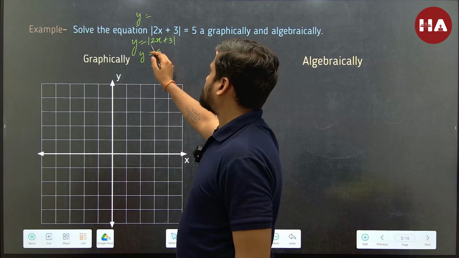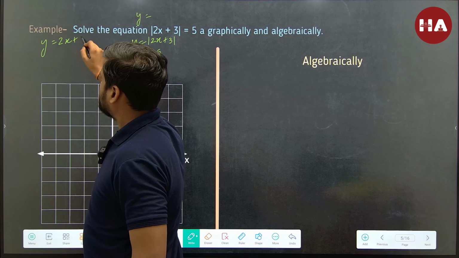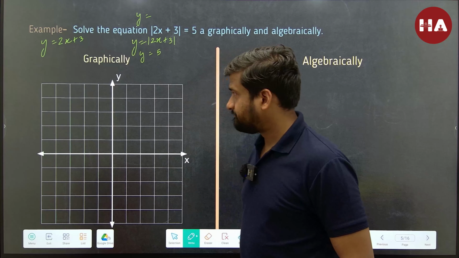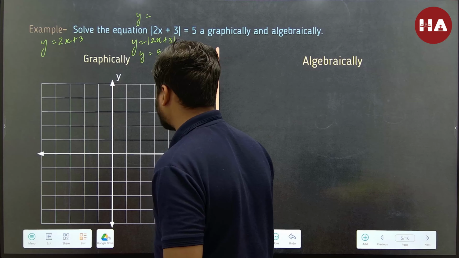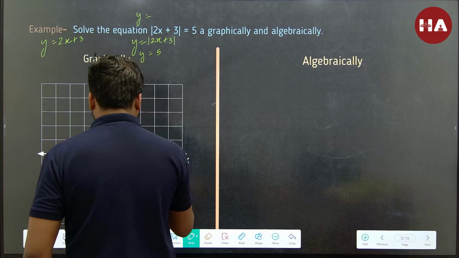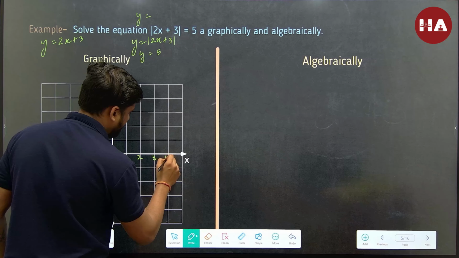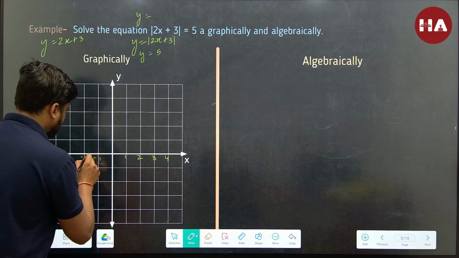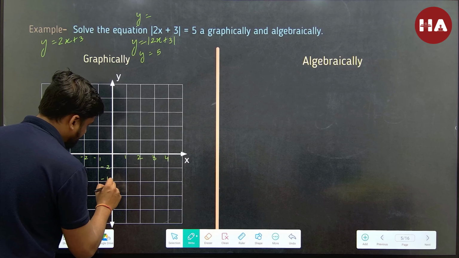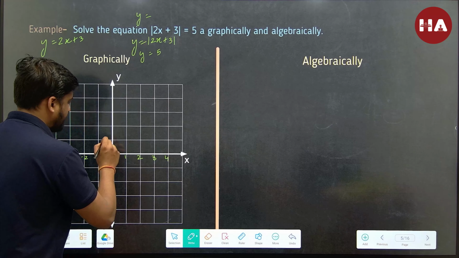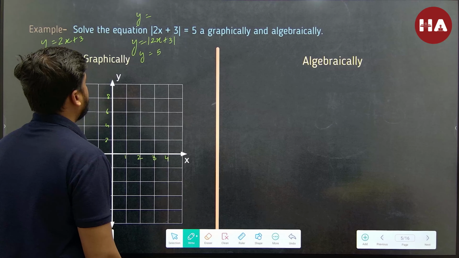Now let's draw the equation of y equals |2x + 3| first. So basically when I draw the graph, let's first name the axes. 1, 2, 3, 4, minus 1, minus 2, minus 3, minus 4, and let's name this by minus 4, minus 6, minus 8, and 2, 4, 6, and 8. All right.